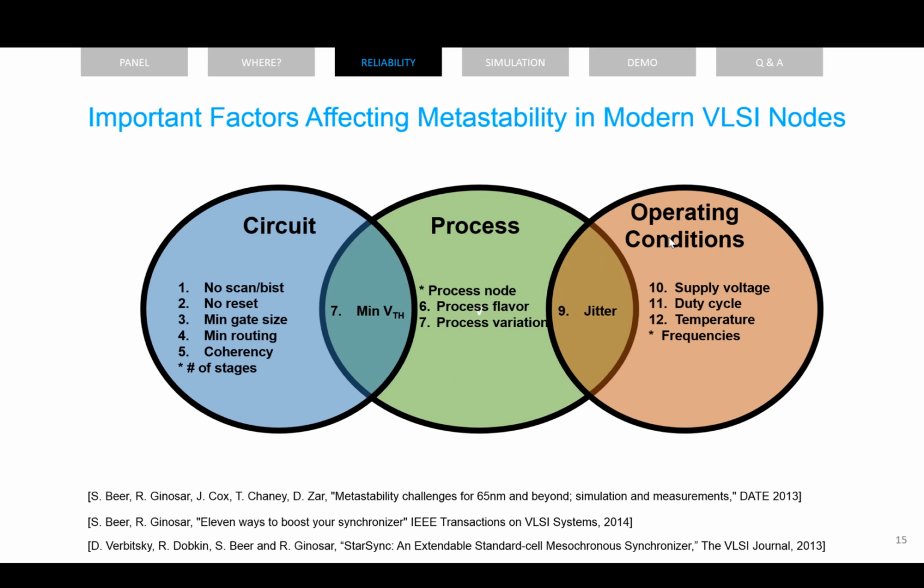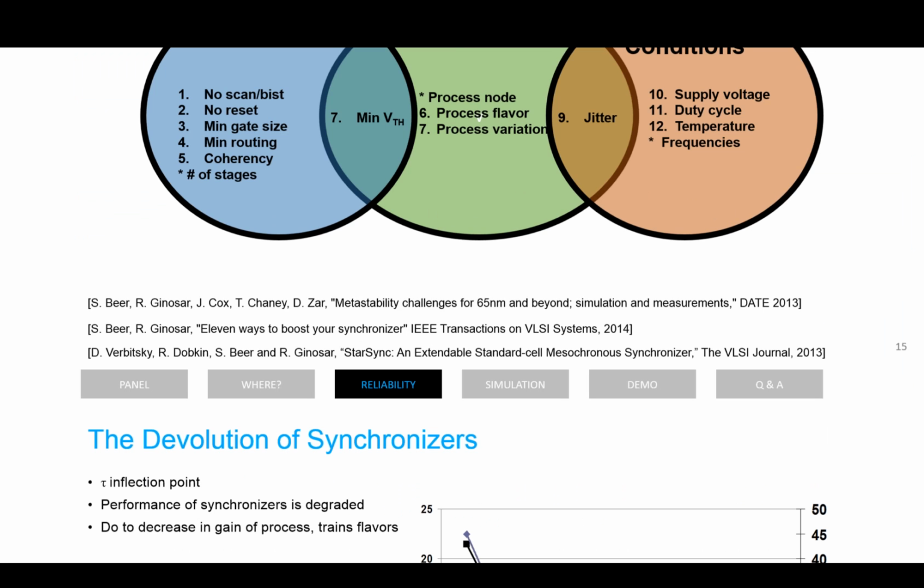We have divided this dependence into 3 big categories: the circuit, process, and operating conditions categories. In the circuit, we list different types of flip-flop architectures, whether they have built-in self-test, reset, the sizing of the transistors, routing, and the number of stages, obviously.